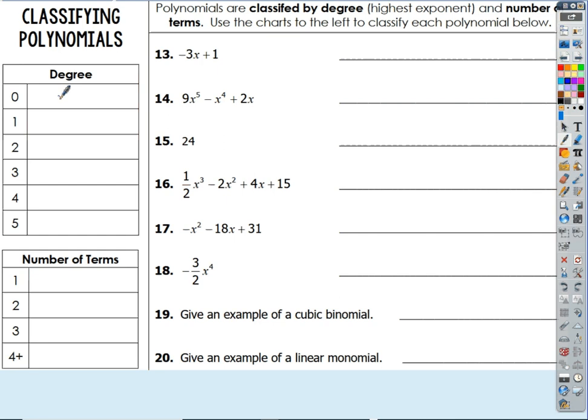That's the largest power of x. So if the largest power of x is x to the 0, what's that going to look like? Like 11x to the 0 would be equal to what? 11, right? Because x to the 0 is equal to 1. So what do you think I could call that then? What would I call a 0th degree polynomial?